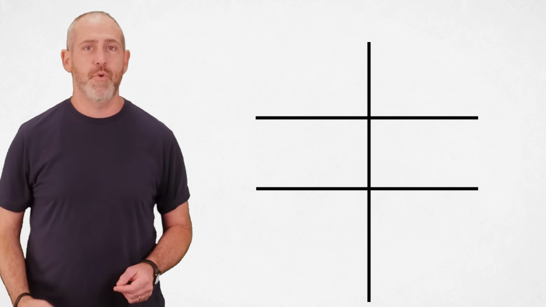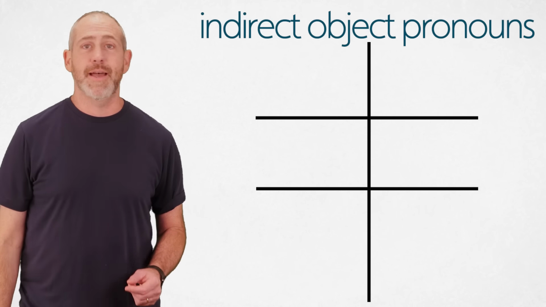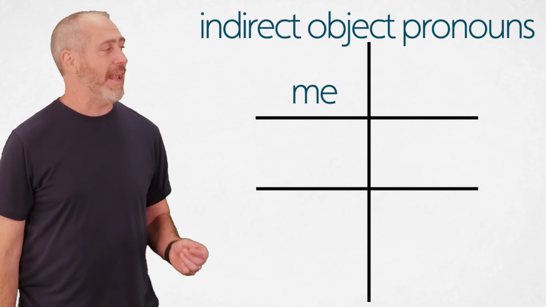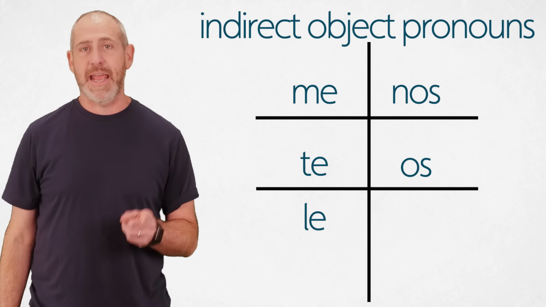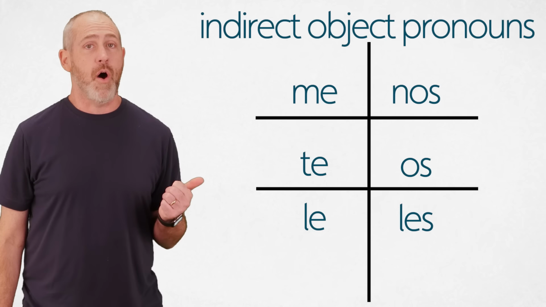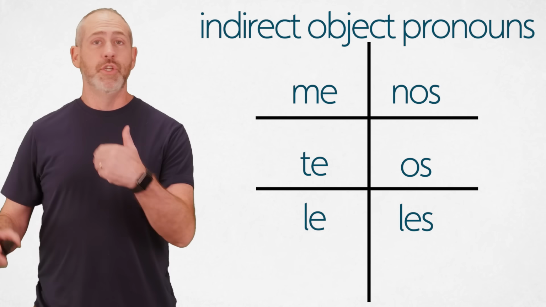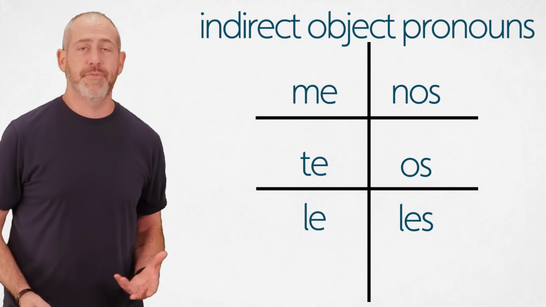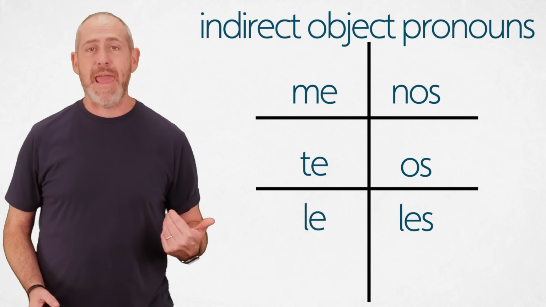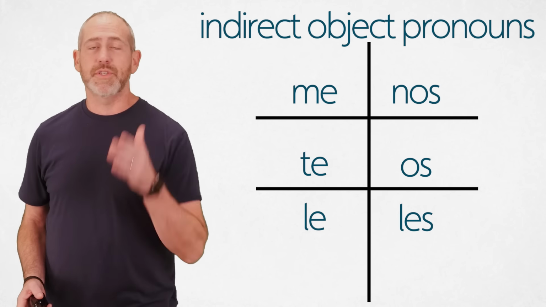First thing I want to do, though, is put up the chart and remind you of indirect object pronouns. Me, te, le, nos, os, and les. These all tell us to whom a verb is done. If a verb is done to me, it's going to be me. If it's done to you, it's going to be te.